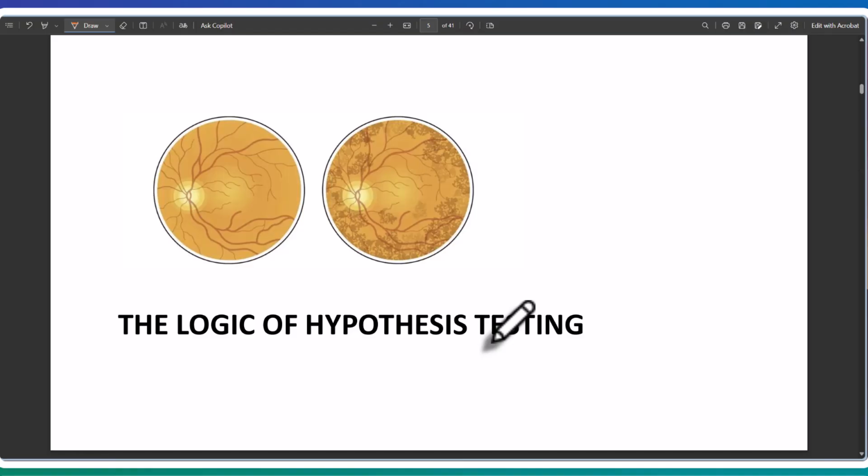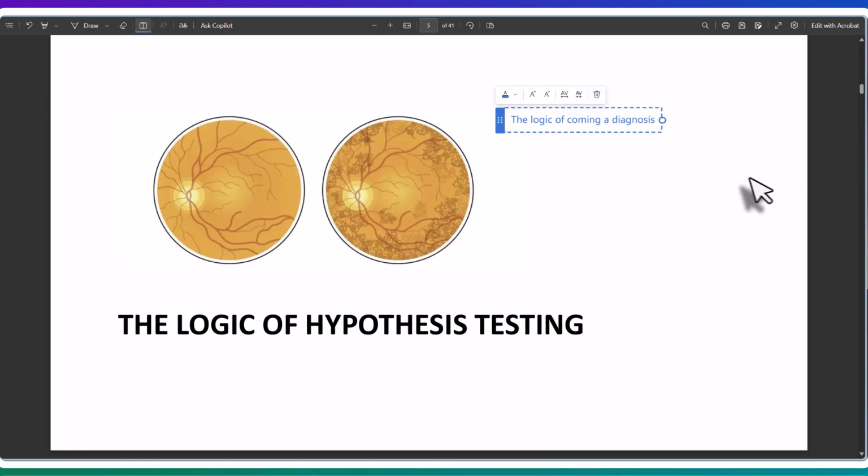Because we have a few clinicians in the room, I wanted to come up with an analogy. It's not perfect, but it relates to the logic of coming up with a diagnosis.